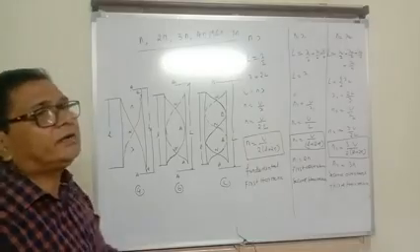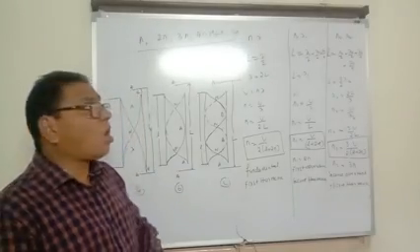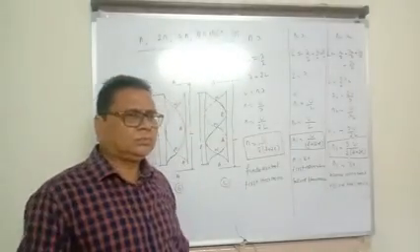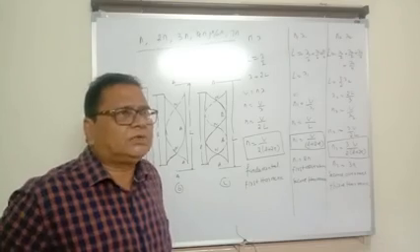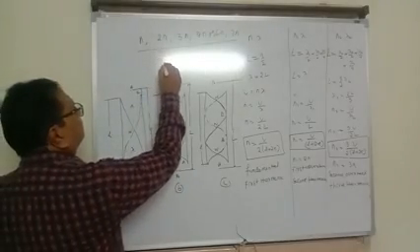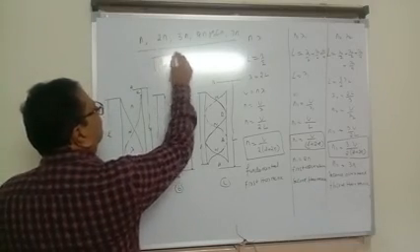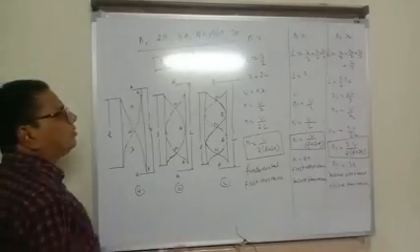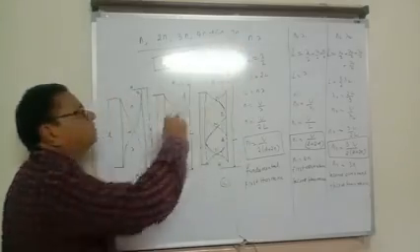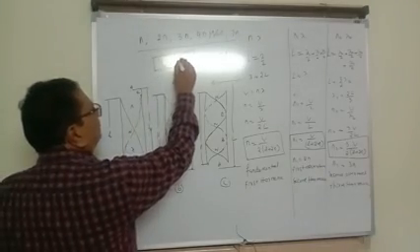Or in other words, all harmonics are present as overtones. Or the frequency of the pth overtone, in this case Np, is equal to N into P, where P is equal to 1, 2, 3, and so on. N is the fundamental frequency.